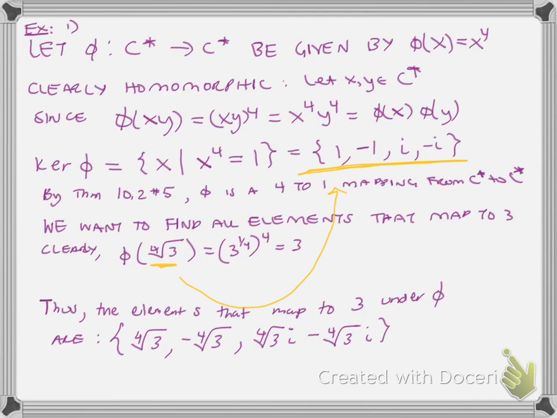If you check, all 4 of those answers will give you 3 when you put them in this function. So that's what it means to have a 4-to-1 mapping. We're used to 1-to-1 functions, but there are also 4-to-1 mappings, and so on.